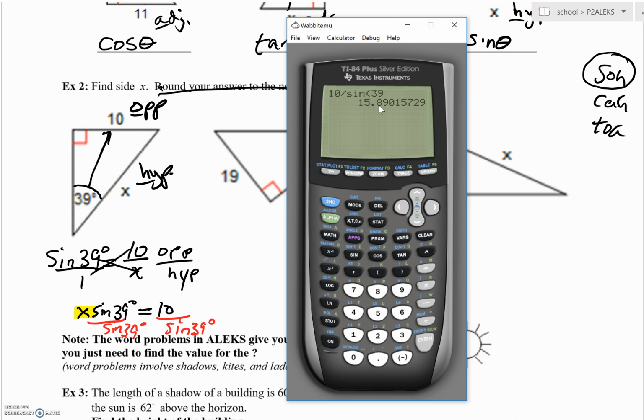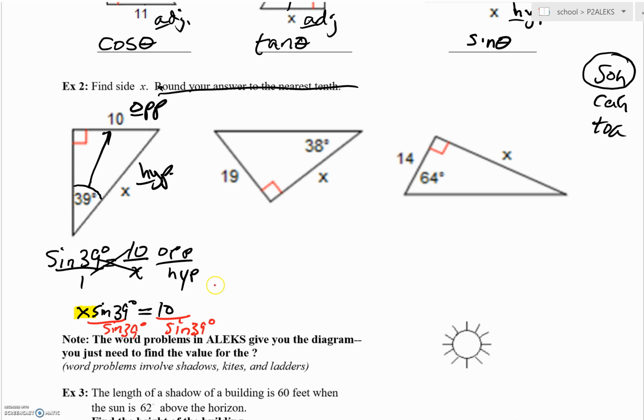What do you think? It's going to have to be 15.9, right? Because you look to the right of the 8 and it's a 5 or bigger. So x is 15.9. And we're done. So again, find your trig function, cross multiply, and then get your x all alone.